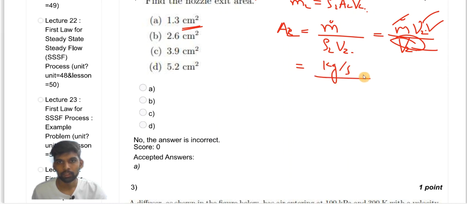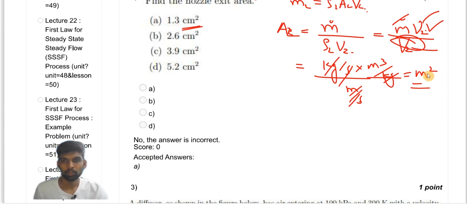Okay, and this is in meter cube per kg, and this is in meter per second. Okay, so per second gets cancelled, kg will be cancelled, so it will come out in meter square. Okay, so you have to adjust for the units in order to write it in centimeter square. So means 1 meter is equal to 100 centimeter, I think 100 or 1000, I've forgotten.